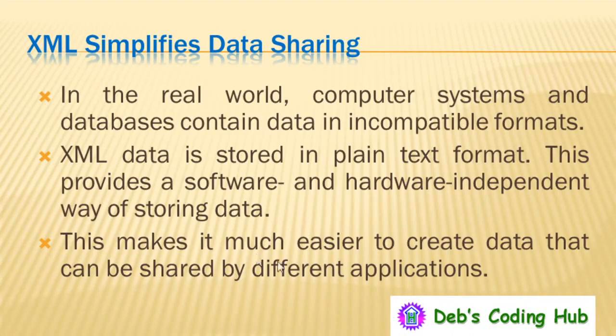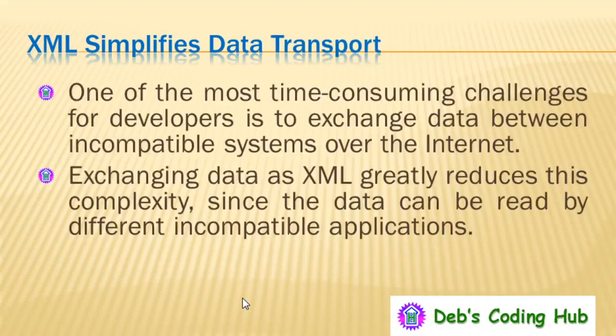This makes it much easier to create data that can be shared by different applications. XML simplifies data transport. One of the most time-consuming challenges for developers is to exchange data between incompatible systems over the internet. Exchanging data as XML greatly reduces this complexity, since the data can be read by different incompatible applications.